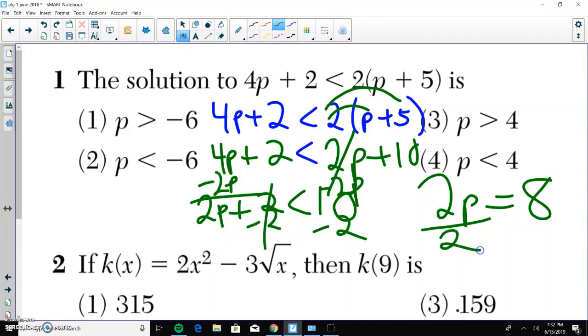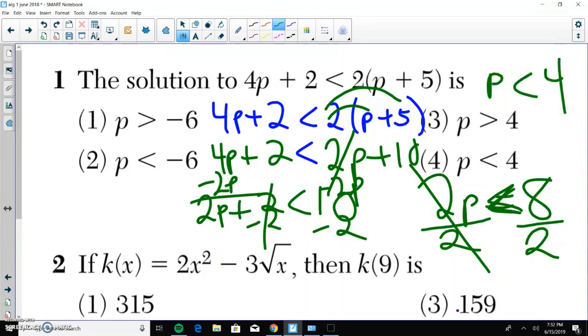Divide by 2 to get that p alone. P is, not equals, sorry about that, p is less than 4. So the answer to this one is choice 4.